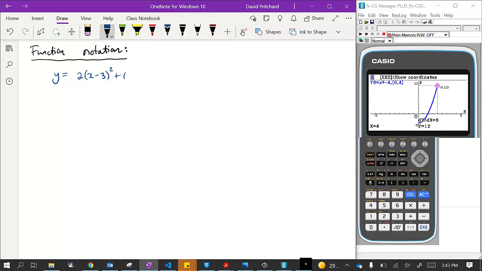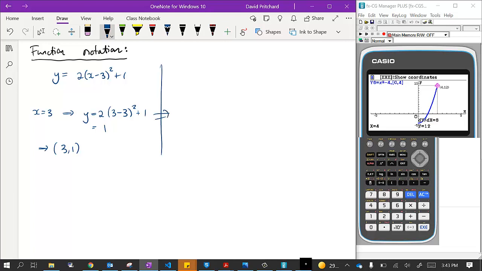In the old way of doing this, we would have said, okay, let x equal 3, for example, and then we would say that y is equal to 2 times (3 take 3) squared plus 1, and then it's 2 times 0, so we end up with 1. We've got (3, 1) as an ordered pair of coordinates that fits with this function.